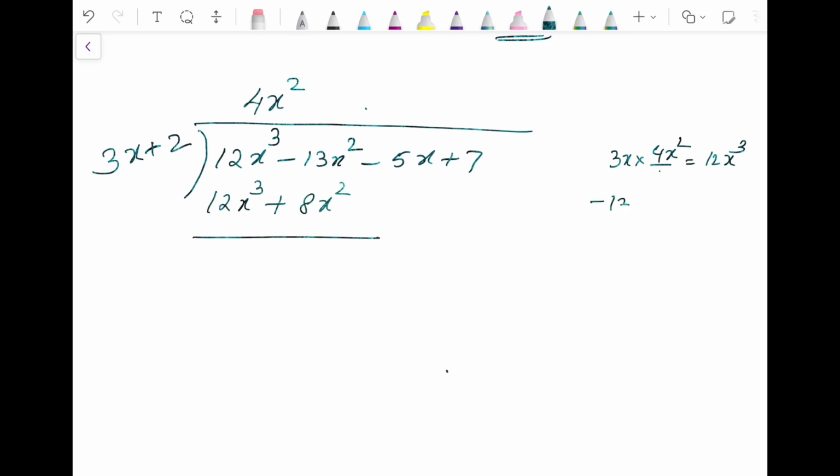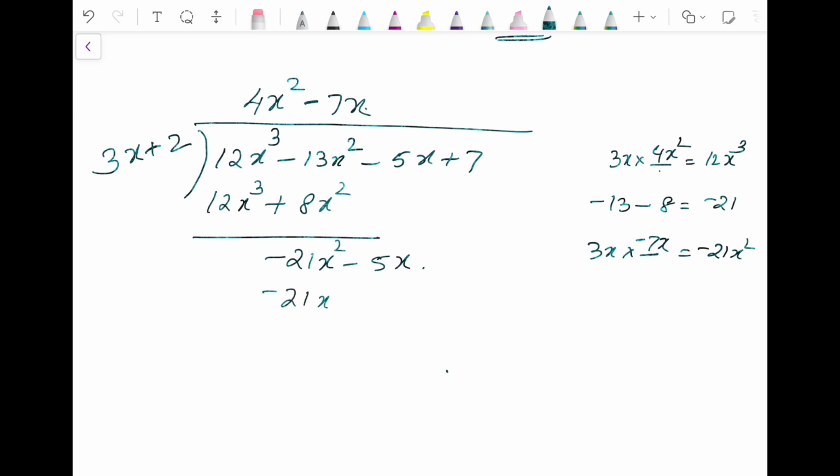So, minus 13 minus 8, so minus 21x squared, minus 5x. Multiply by 3x into something equal to minus 21x squared. So, minus 7x is what you have to multiply. So, minus 7x gives minus 21x squared minus 14x. So, minus 5 minus minus 14 is 9.